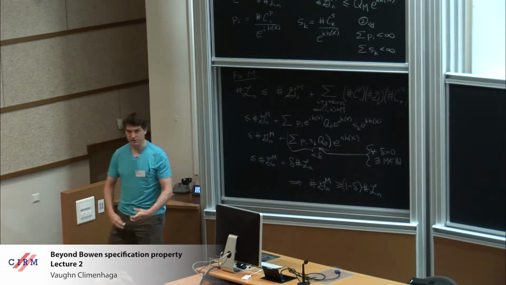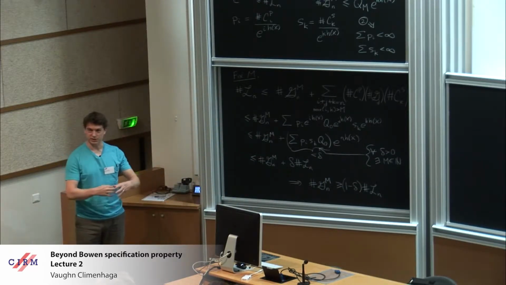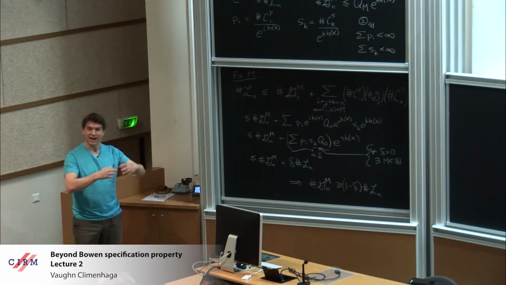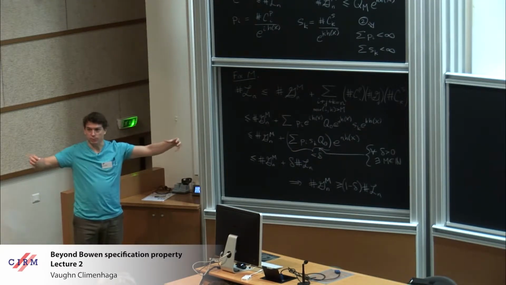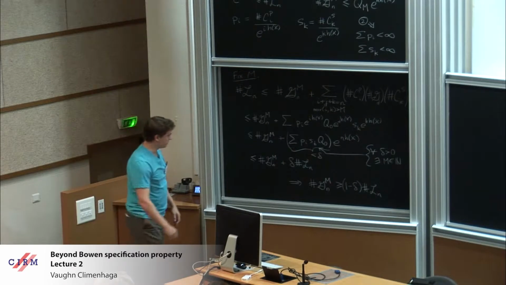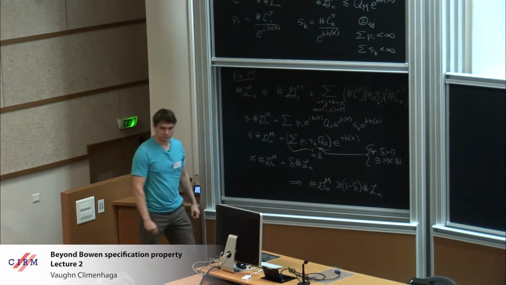So this is another sense in which it's legitimate, I think, to think of this as analogous to a Pesin decomposition, that as you increase m, you pick up more and more of the words. And the proportion goes to 1.